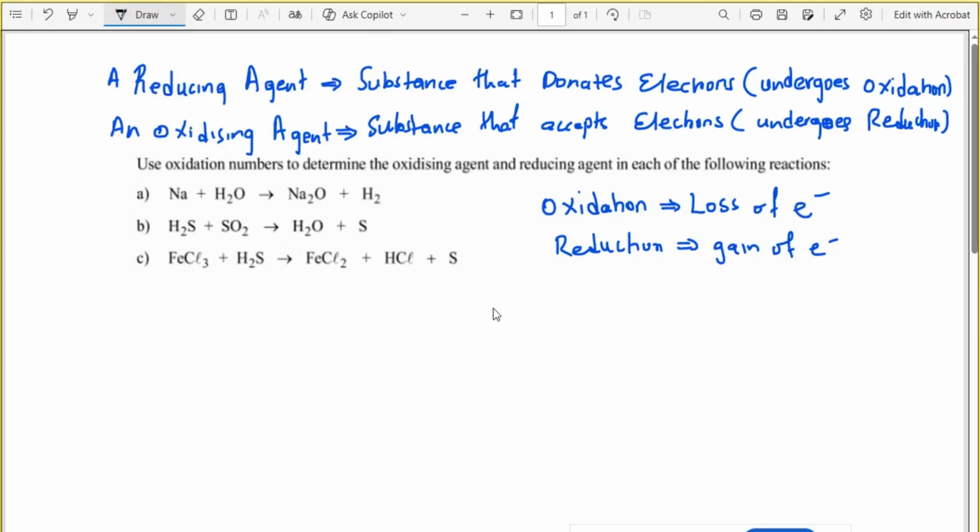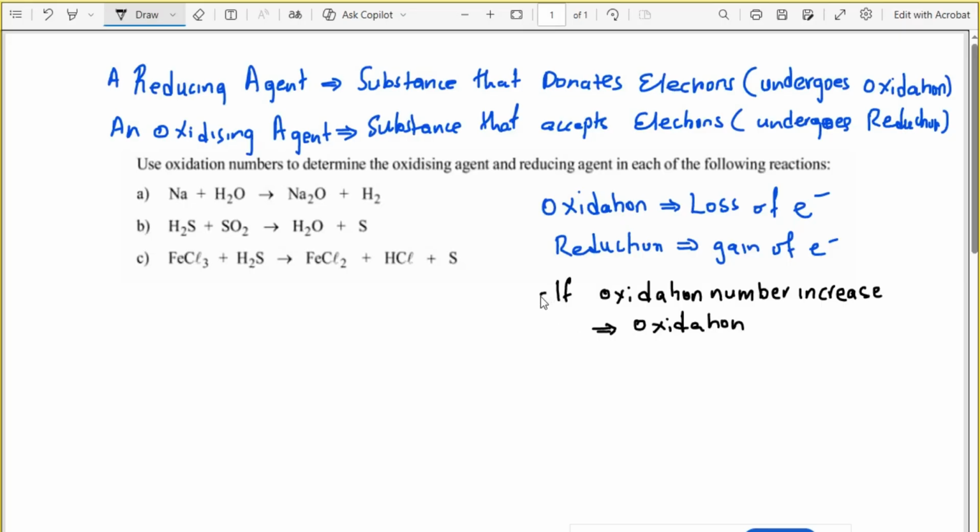Okay? So now I need you to know what happens if an oxidation number increases. Do you know what happens? If the oxidation number increases, this tells you that oxidation occurs. Ne?